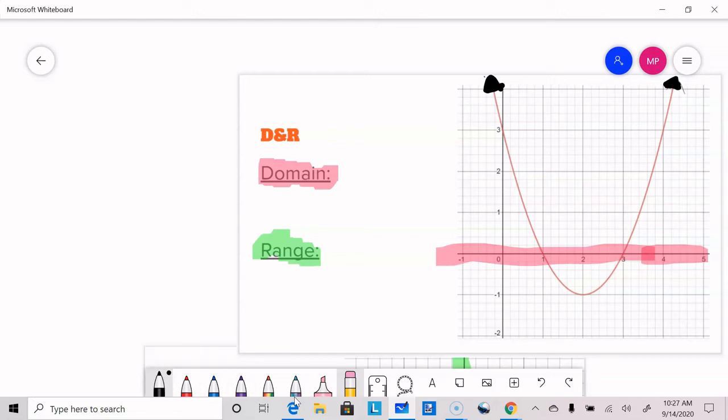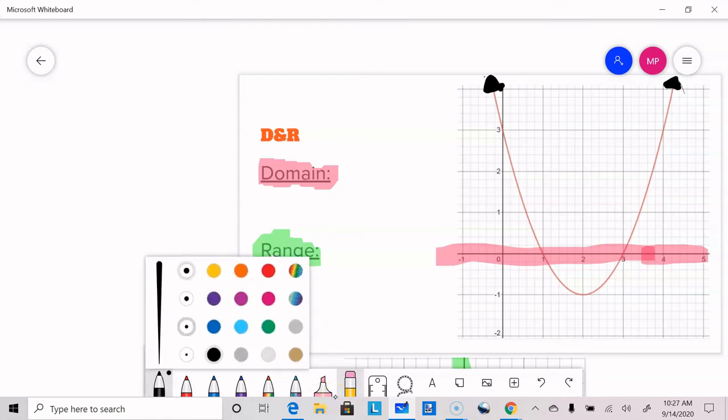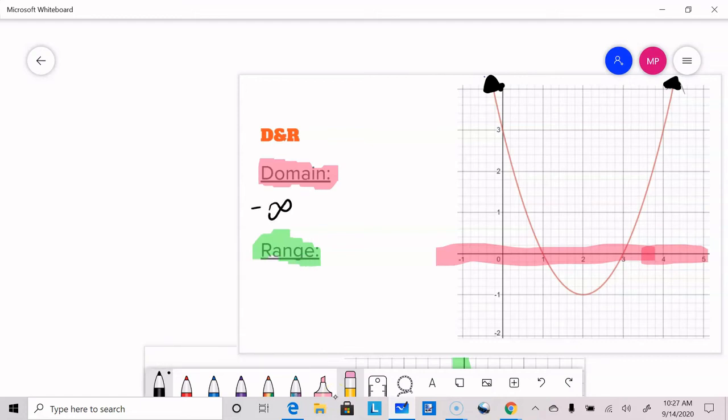And you might remember this from Algebra 1 or geometry, but it's going to approach negative infinity if I gave it enough time and the graph keeps going to the left. Now, if I look at the right-hand side of the graph, how big could the numbers actually get?